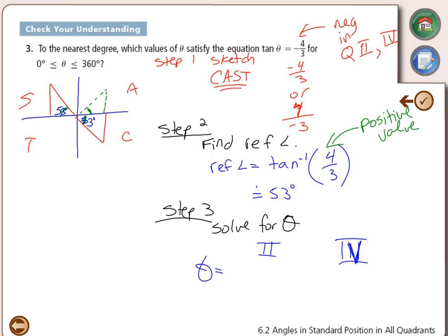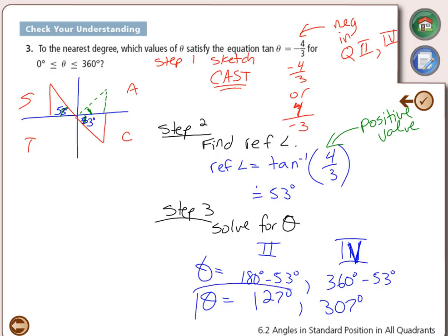In quadrant 2, we've got 180 minus 53. In quadrant 4, we've got 360 minus 53. Doing the quick math on that, we've got 127 degrees and 307 degrees. Those are the two answers that we need to write down.